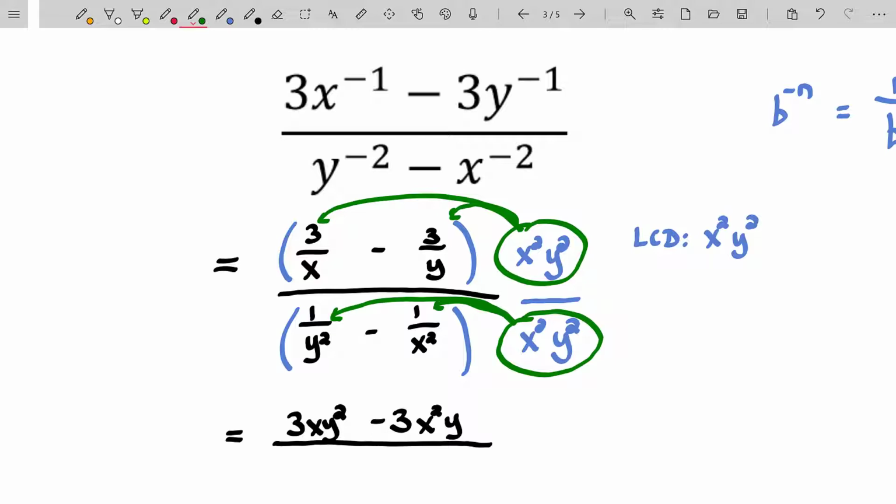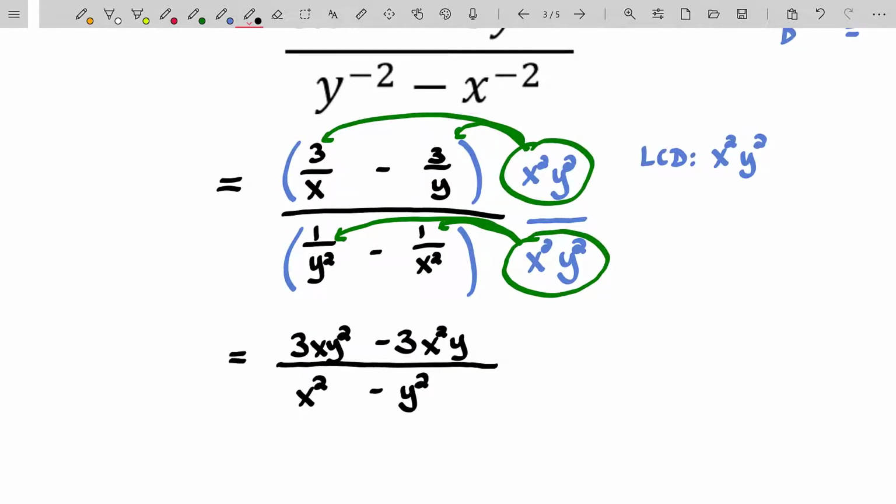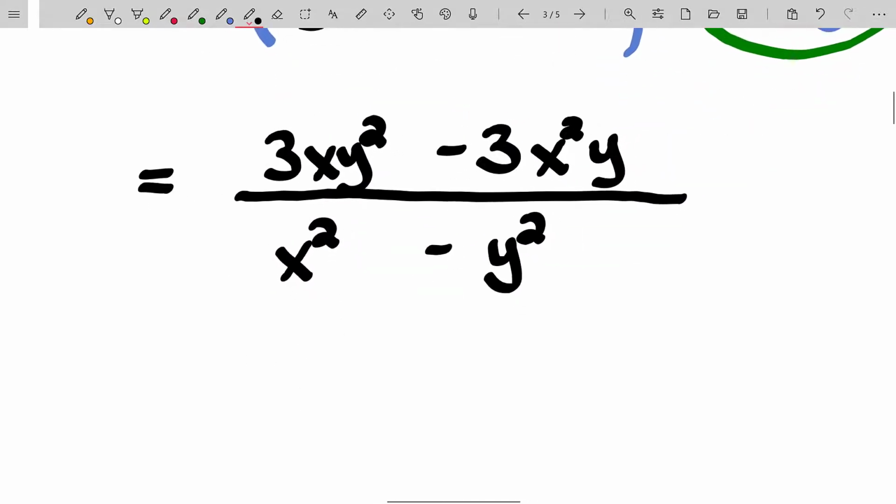That is a requirement, otherwise things go haywire. And notice after distribution and after canceling like factors, you end up with a clean, proper fraction here where you don't have fractions within this fraction. However, you do have to factor. After you're done distributing the LCD to both numerator and denominator, it is very often the case that you have a little bit of factoring to do to simplify this expression.